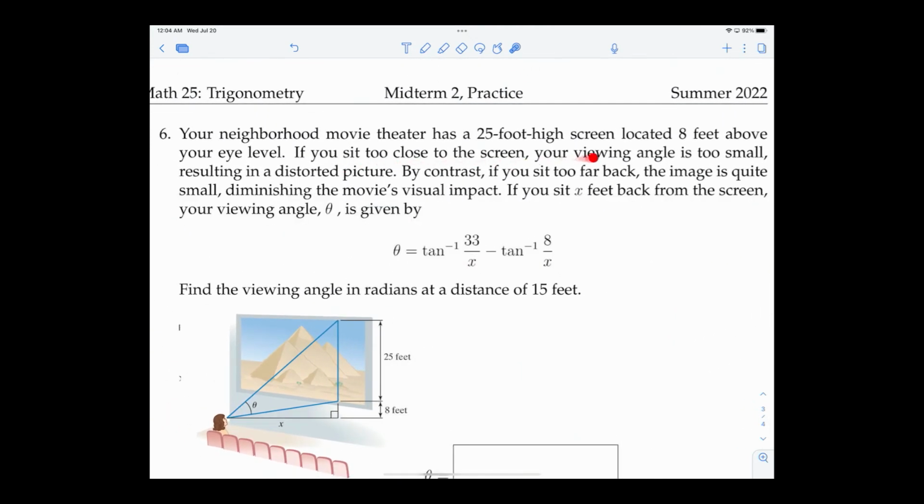If you sit too close to the screen, your viewing angle's too small. By contrast, if you sit too far back, the image is quite small. If you sit x feet back from the screen, your viewing angle theta is given by this formula. Find the viewing angle in radians at a distance of 15 feet. There's nothing to this, right? This is the distance, and this is the viewing angle.